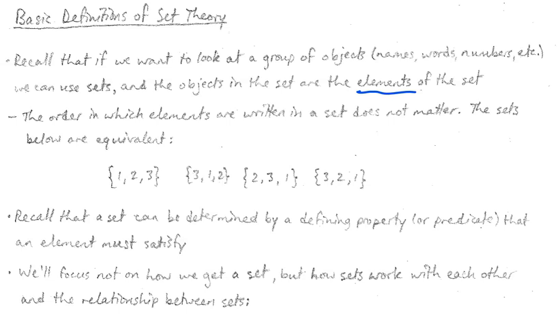If I was given the set with 1, 2, and 3, I could write it as 3, 1, 2, 2, 1, 3, 3, 2, 1, 2, 3, 1. I could write it all those different ways, and they would all be the same set. We're all talking about the same set.